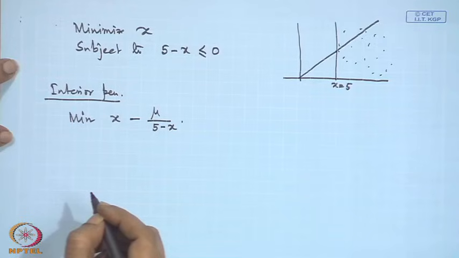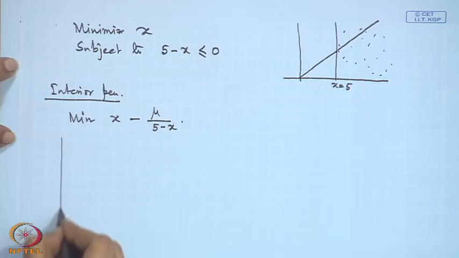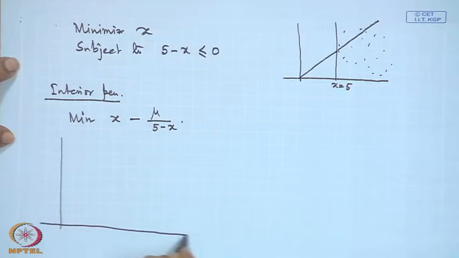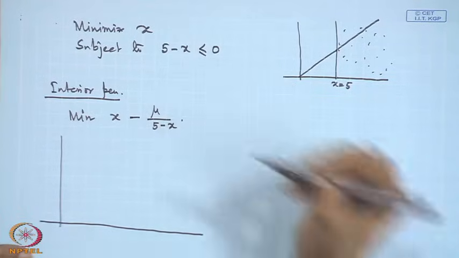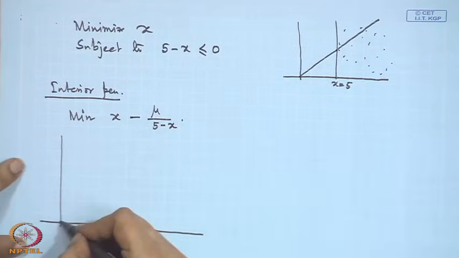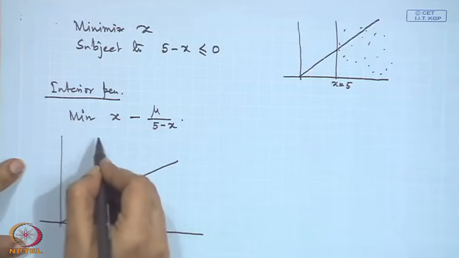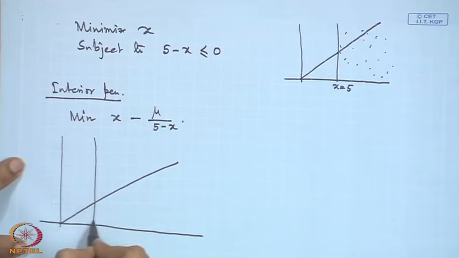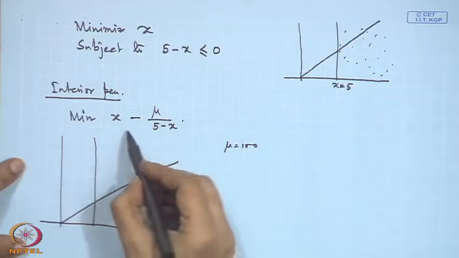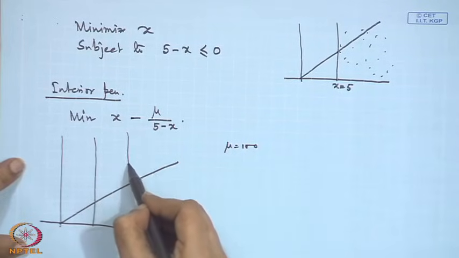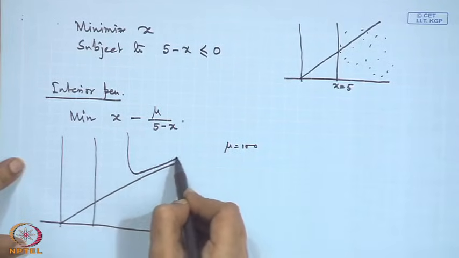Now, let me draw the picture of how the method is implemented. This is an iterative process. If I consider say mu is equal to 100, then the function will come this way, an asymptotic function.